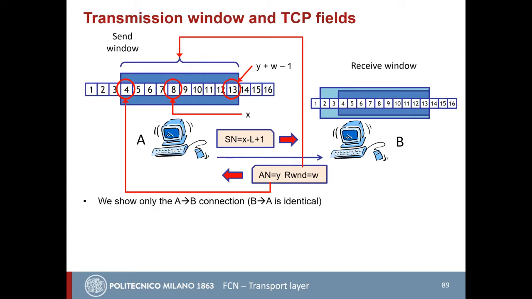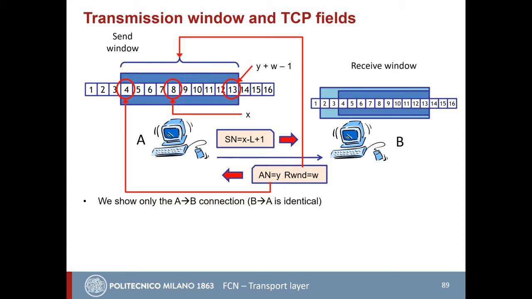As we have already said, numbering is by byte. So the sequence number is used to identify each byte in the flow from the source to the destination. There are two flows always active because the TCP connection is bidirectional. In these next slides, we only show the flow from A to B, otherwise it's a big mess.